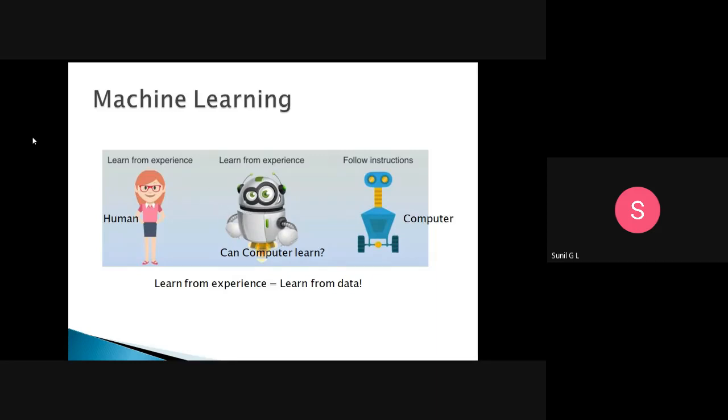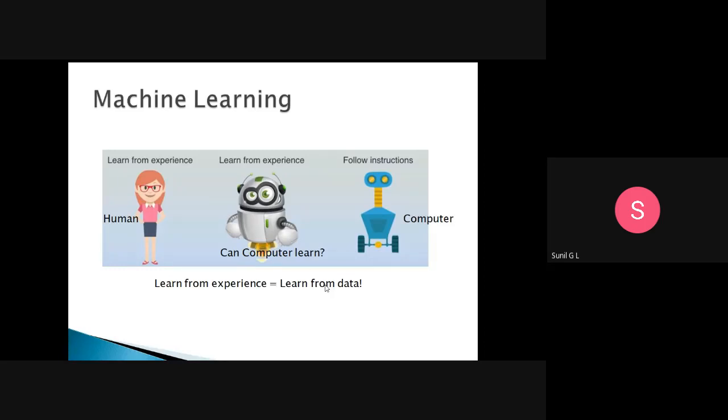So here, humans learn from experience, machines learn from data, that is, past data. Humans learn from past experience, machines learn from past data. That we call machine learning.